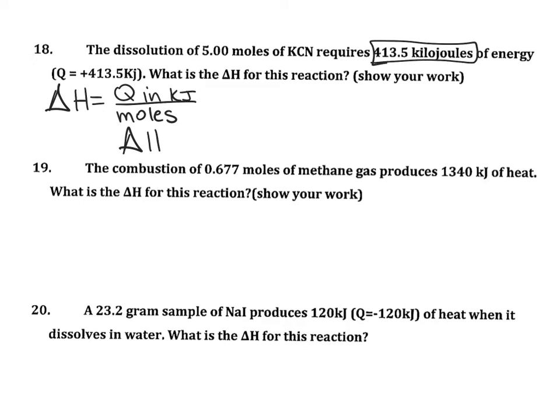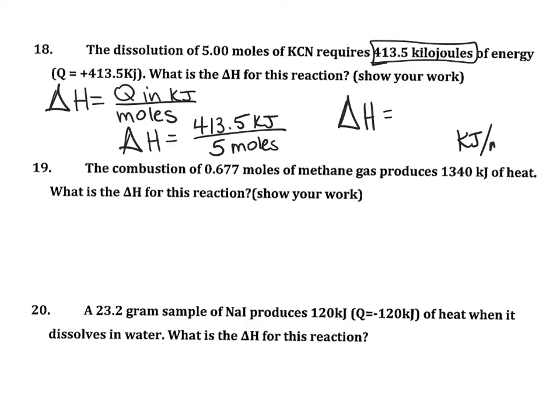For this one, we have 413.5 kilojoules and 5 moles. So our delta H, our units, is going to be kilojoules per mole. When I calculate that out, I get 82.6 kilojoules per mole.